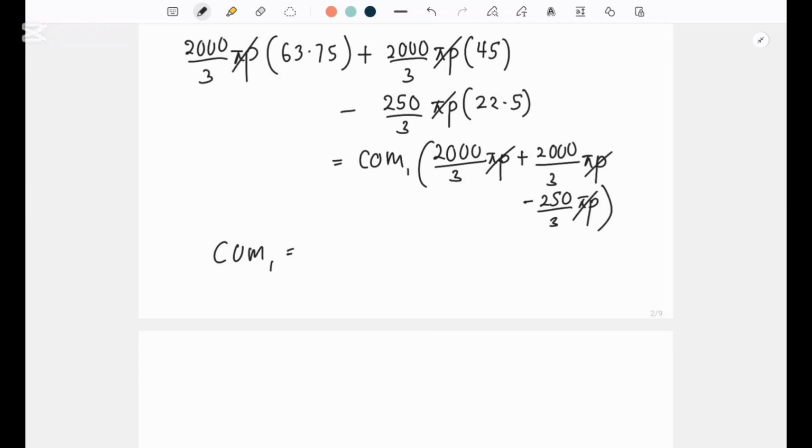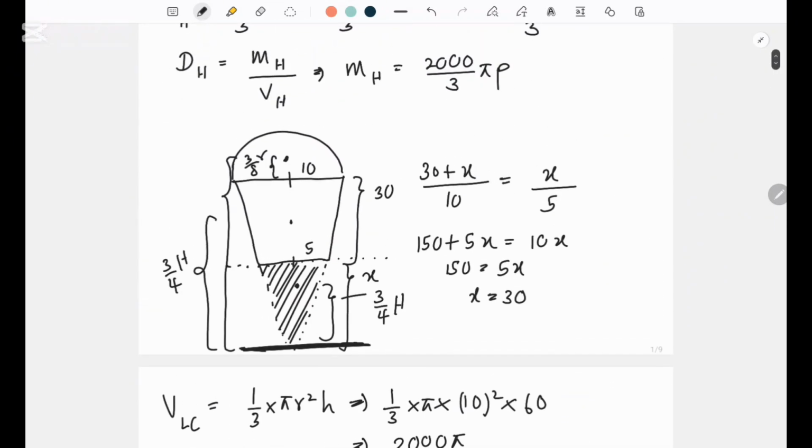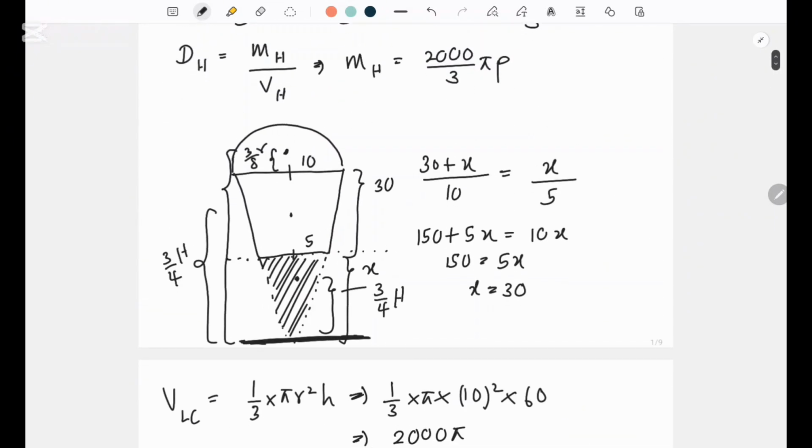So we got 70,625 divided by the total mass, which is going to be 1,250, which will give you a center of mass of 56.5 centimeters. So 56.5 centimeters is from this dark line.